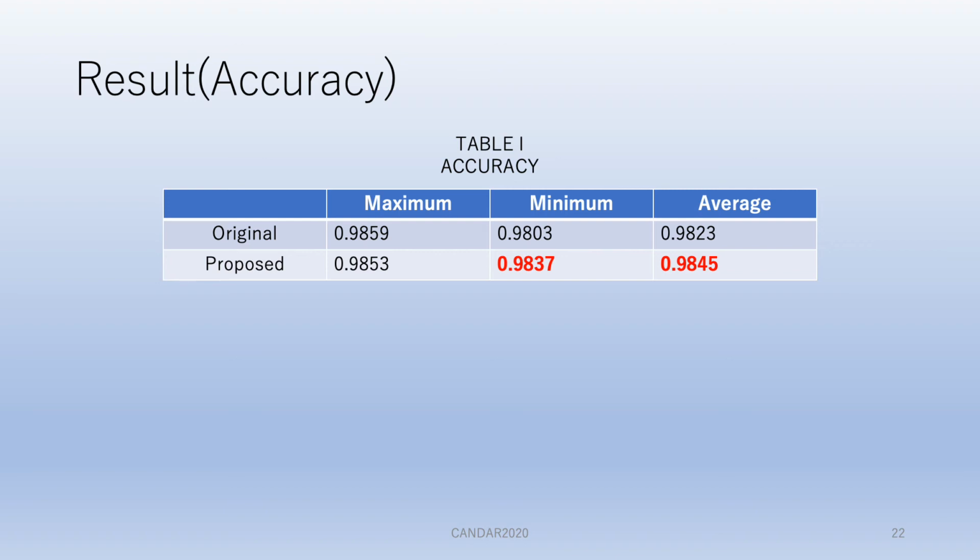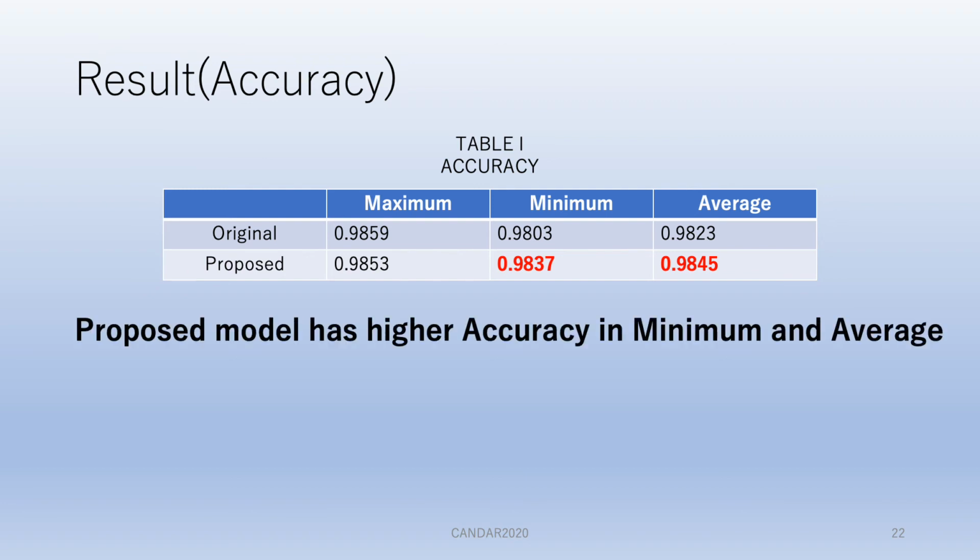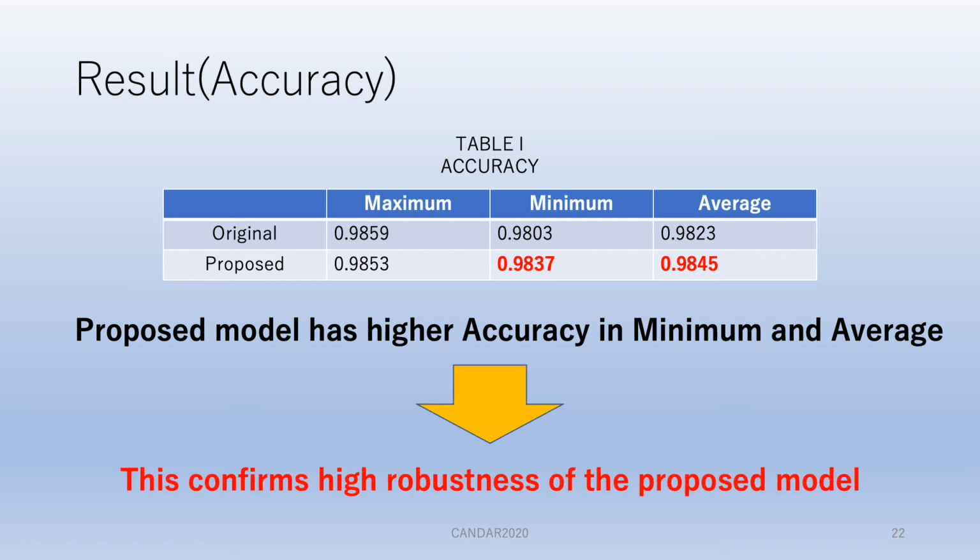It can be seen from Table 1 that the proposed model has higher accuracy in minimum and average. This confirms the high robustness of the proposed model. This is likely because the proposed model learns numerical information in addition to image features.